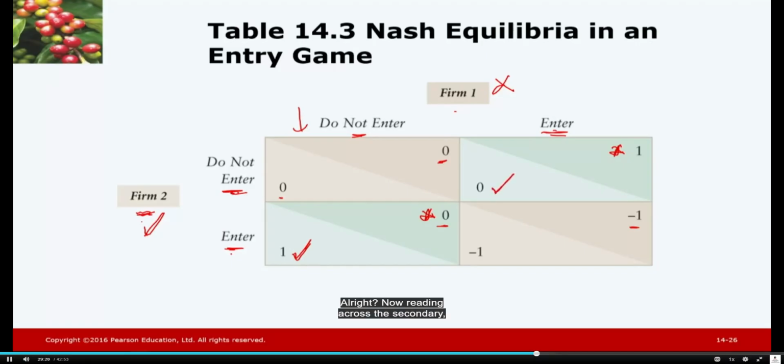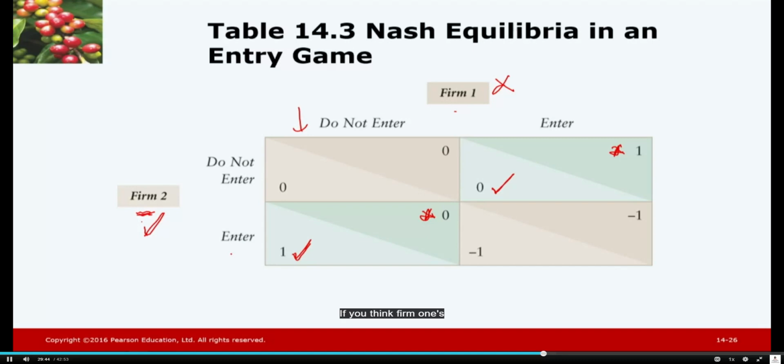So if you look at this, just get an eraser to take the other detail off this. You can see from looking at this that there are two potential Nash equilibria. They're shaded in blue or green, depending on the version of the textbook that you have. So there's one here, over here.